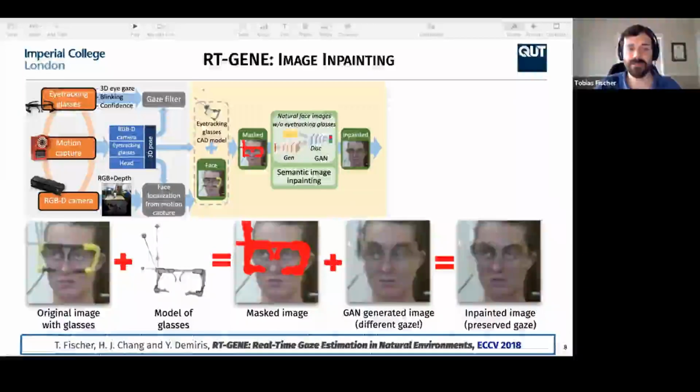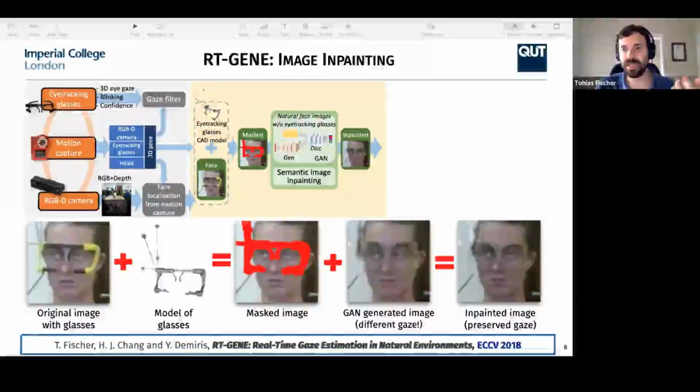So because I have a 3D CAD model of the glasses, I can overlay that model on the particular image, which gives you the masked image in the middle. And then there's another deep learning technique called generative adversarial networks, which allow you to generate images based on a set of images and then pick one which looks similar to a target image.